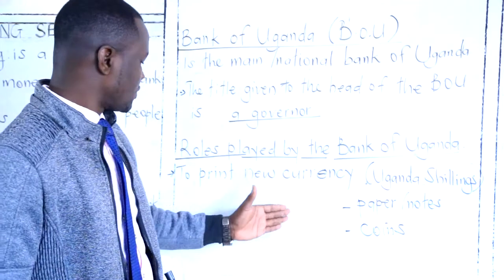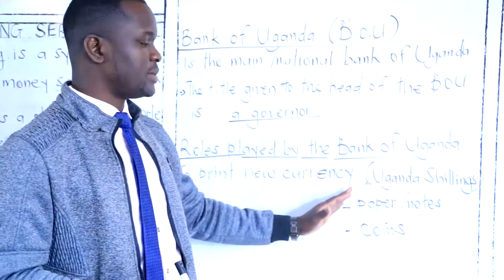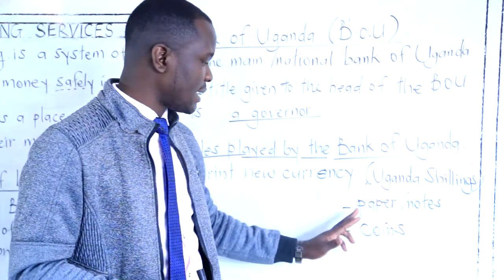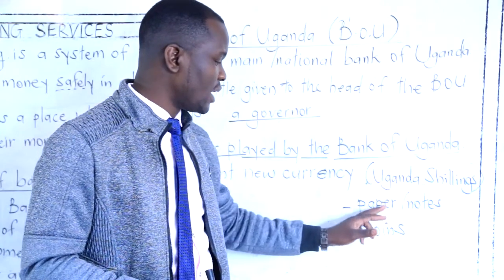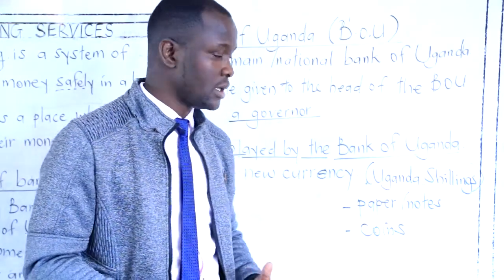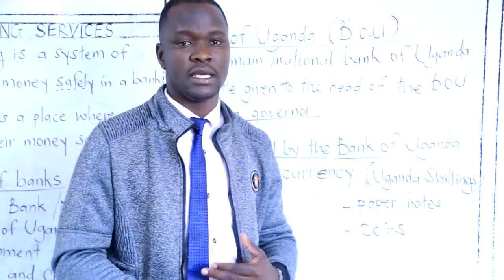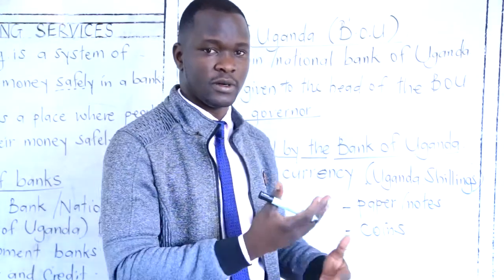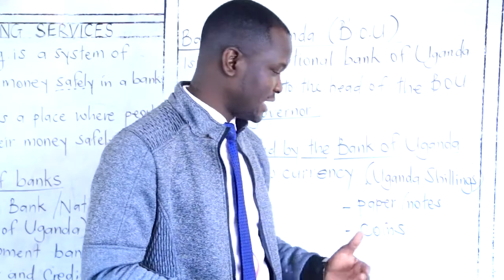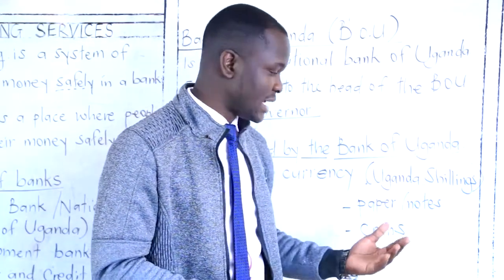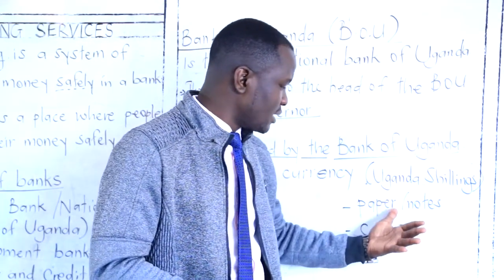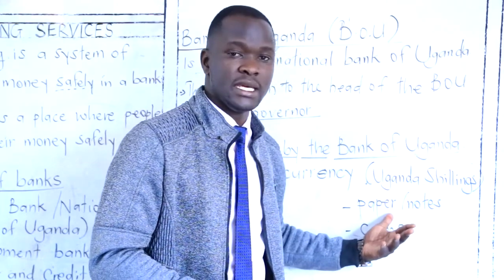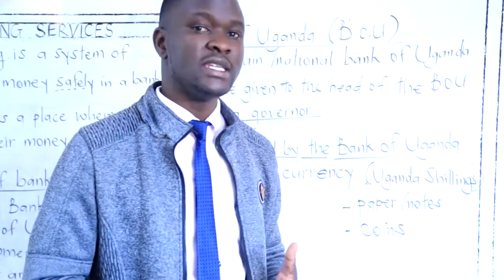So we have understood that the money which is printed by the Bank of Uganda comes in two forms. One, it comes in paper form. Two, it comes in coin form. Both these forms are used. The same way you would use the paper money is the same way you will use the coins.